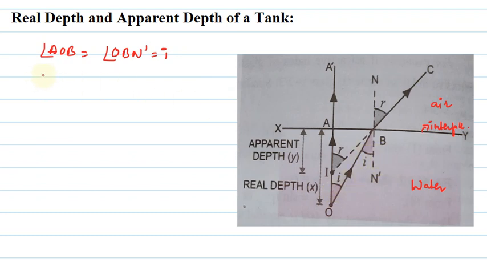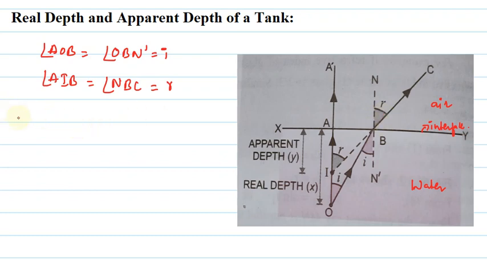Then I can write angle AIB is equal to angle NBC, which is equal to r. These two angles are corresponding angles.